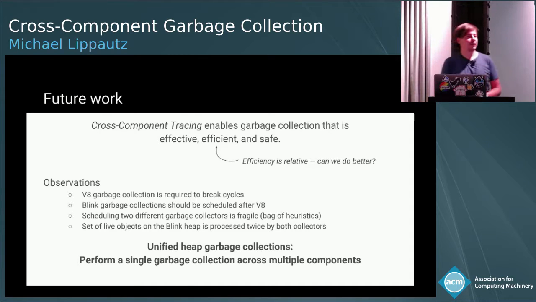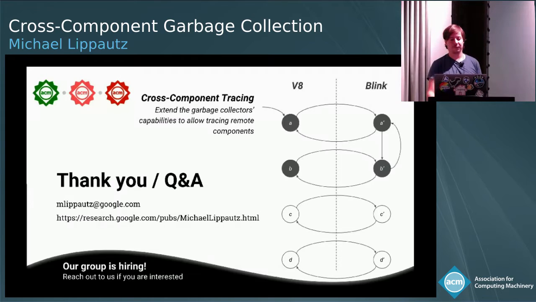We currently need the V8 garbage collector to break cycles, which means you have to be very careful when scheduling garbage collections. Scheduling 2 GCs is a nightmare. It's a bag of heuristics that you always get wrong. And you always have to trace through the set of live objects twice, which is also bad, which is why we are unifying this approach into doing one garbage collection across both heaps. And with that, I'm happy to take questions.